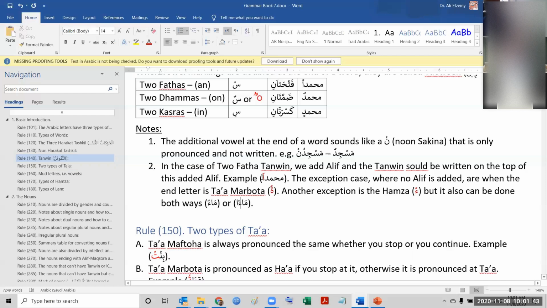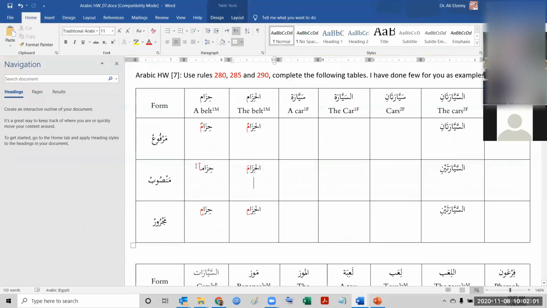Okay. Tanween fatha. Muhammad, that has to have an alif, and alif over the tanween. Instead of tanween on the dal, tanween on the alif. So this is just the customs of the Arabic language. So knowing that, we know that we have to add the alif to have the fatha.